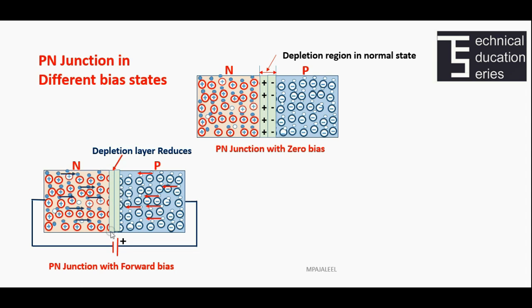And if the external voltage exceeds the junction barrier voltage, current carriers cross the junction and current flows through the PN junction.